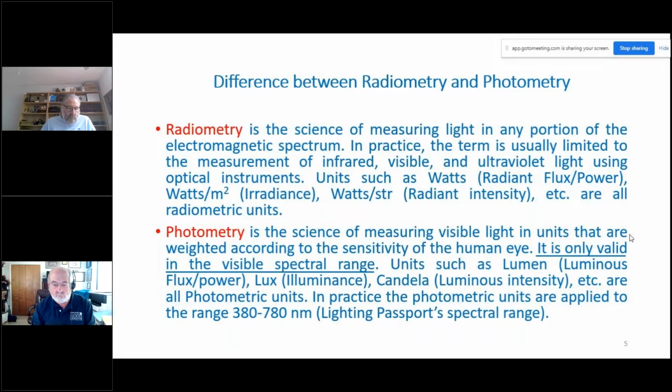So the response function modifies the measurement, and therefore it's only valid where there's a value for the response function in the visible spectral range. You have units such as lumen, luminous flux power, lux, which is illuminance, candela, luminous intensity, etc. These are all photometric units. Outside of this region, 380 to 780, photometric units do not make sense. It has to be within this range.